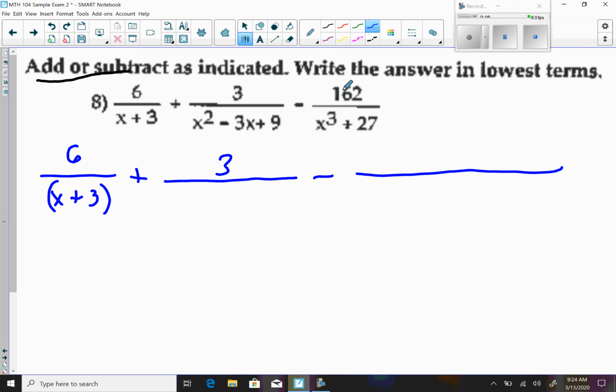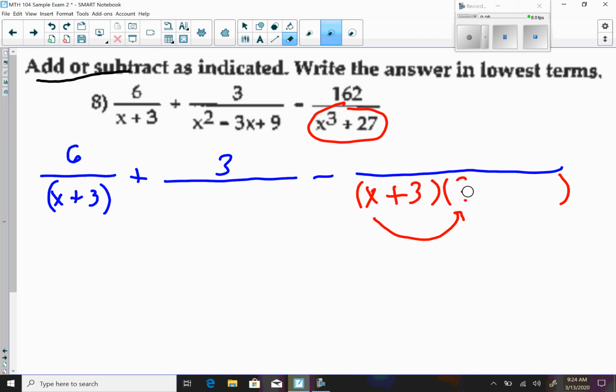This denominator is a sum of perfect cubes, which is always a binomial times a trinomial. The cube root of x cubed is x, which goes here. Cube root of positive 27 is positive 3. We write that there. x times what I write there has to be x cubed.